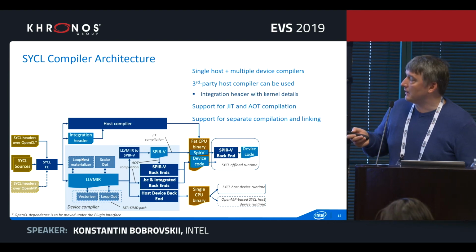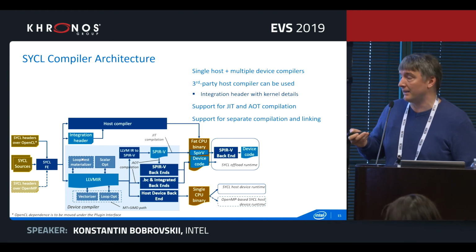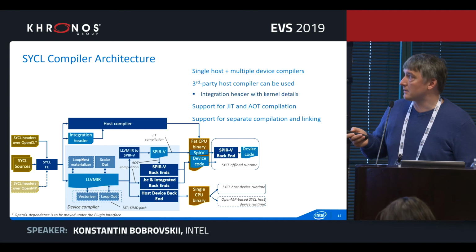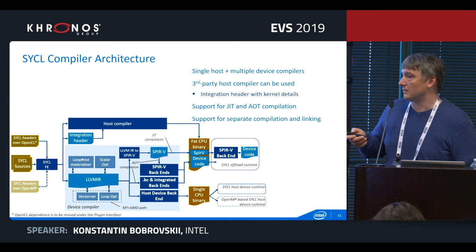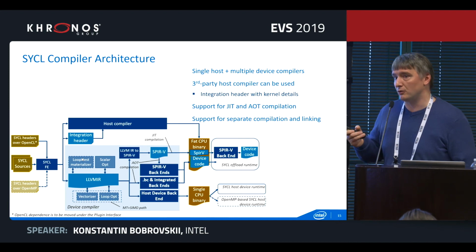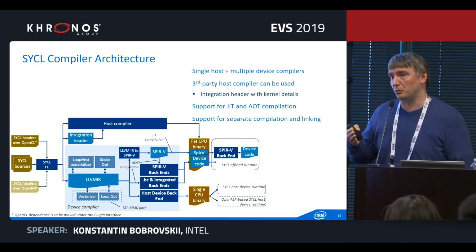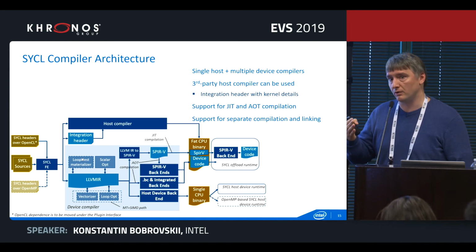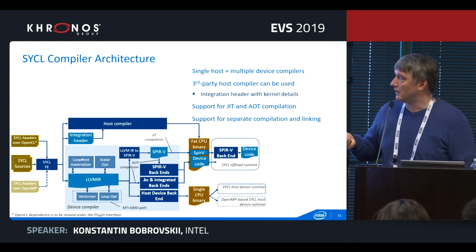There is another component in this compilation flow, the integration header generator, which is a separate Clang invocation. It provides all the details needed for the host compiler to bind to a particular kernel and generate invocation code for it.